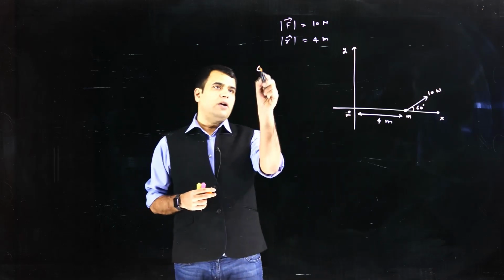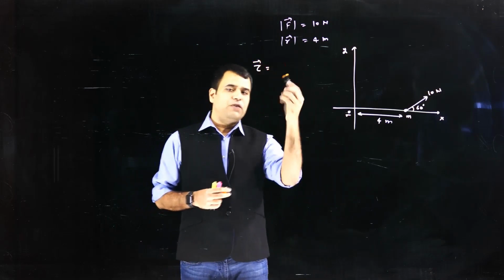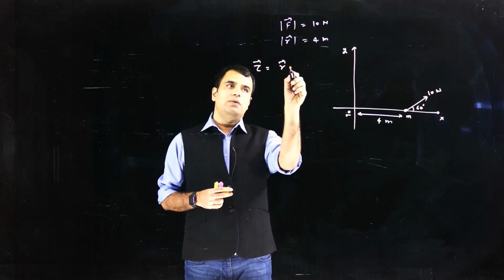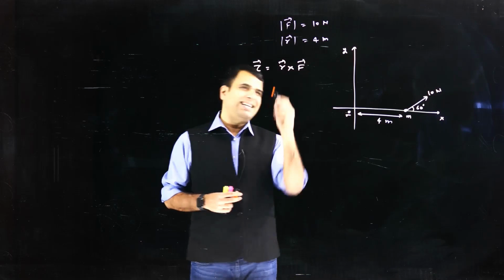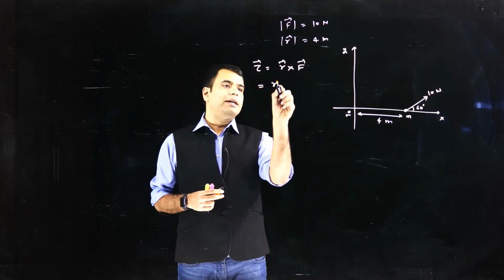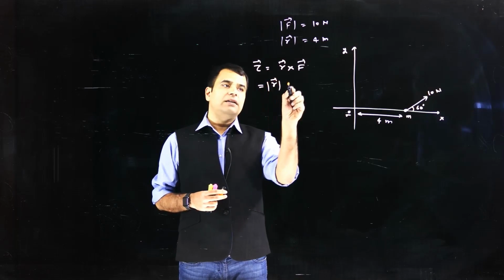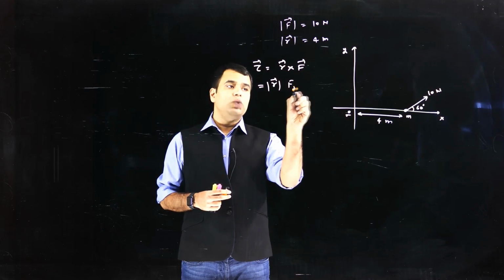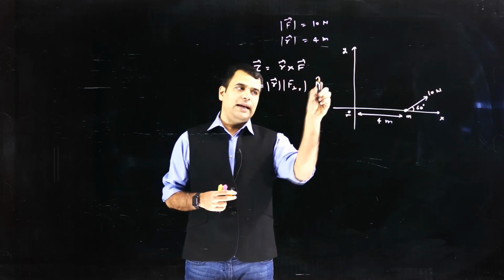So to calculate the torque, if you remember, we have multiple formulas, or a single formula and multiple ways. One thing we can go by is R cross F. In that case, we need R and F in terms of vector, which we don't have. Or we can go by taking the mod of R and the perpendicular component of F to the R, then n cap.